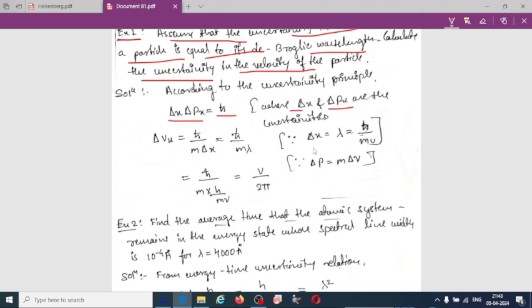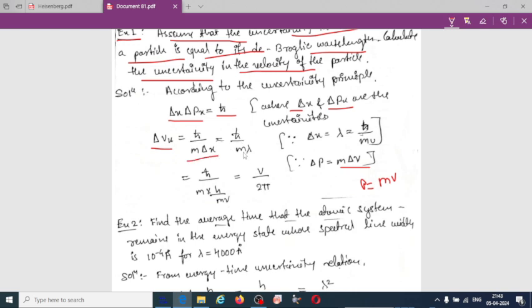Momentum is what? The product of mass into velocity. If we consider the uncertainty in momentum, then that is m into delta v. If you substitute here, delta v, which we want to calculate, is h cross divided by m into delta x in the denominator.